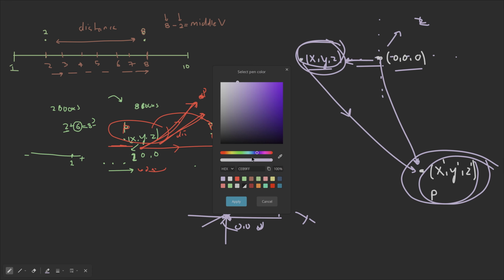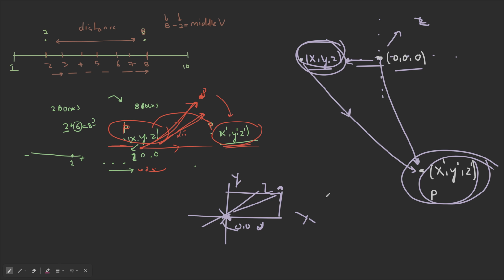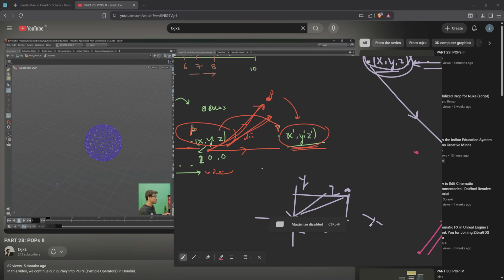Last example I will give you to make this completely clear: let's say you want to go here, and you are facing in this direction. If you move in this direction, you will not reach this point.